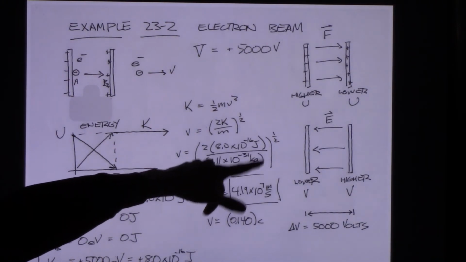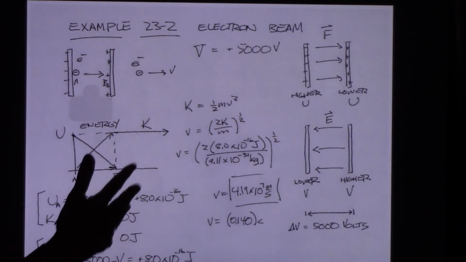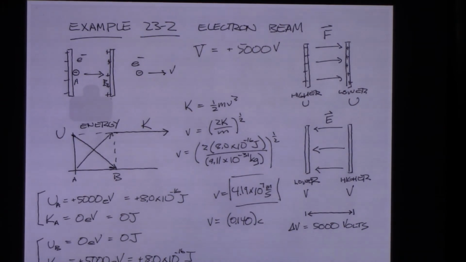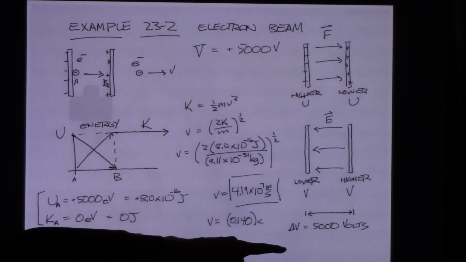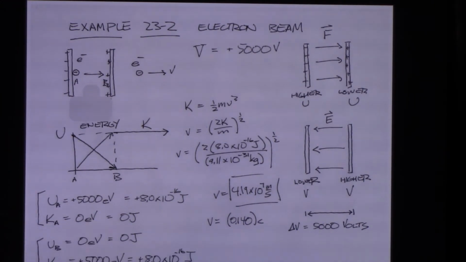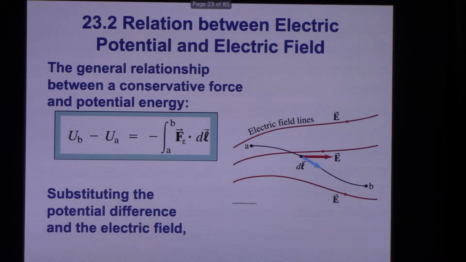Now there is a square root sign here, but the proton's going to be traveling 1/50th or 1/40th, something like that, maybe closer to 1/40th, the speed of an electron if we use the same voltage. And that's all related to the mass of the proton compared with the electron.